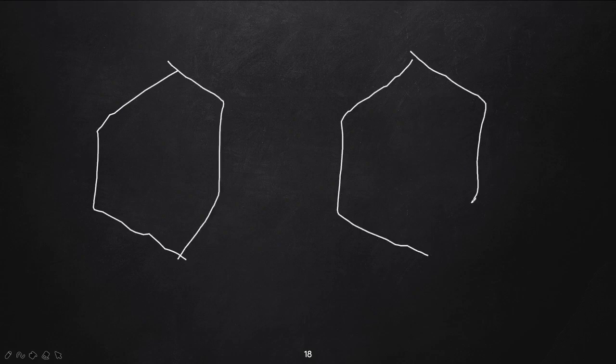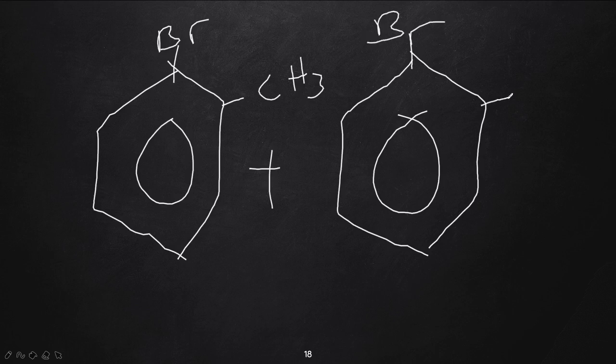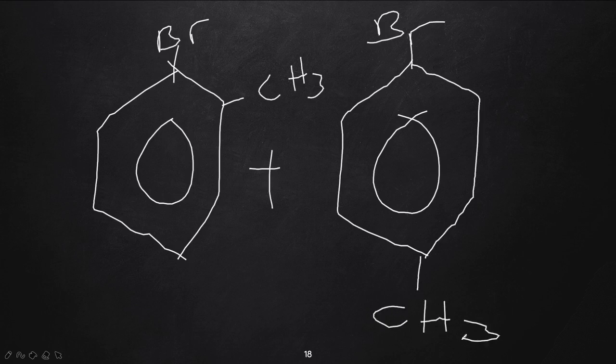At the end of the day, we end up having these, which are Br, plus these, which are CH3, the methyl group, in the ortho direction, and this is in the para direction.